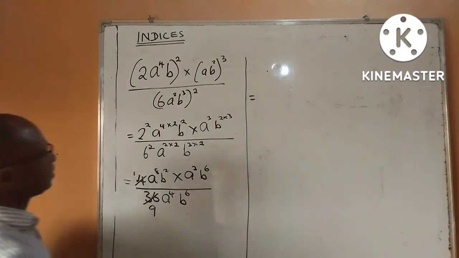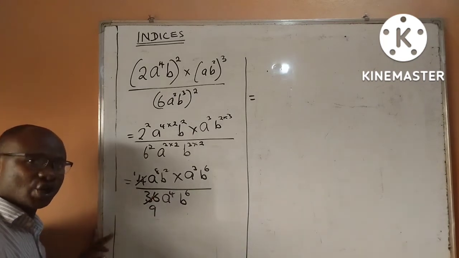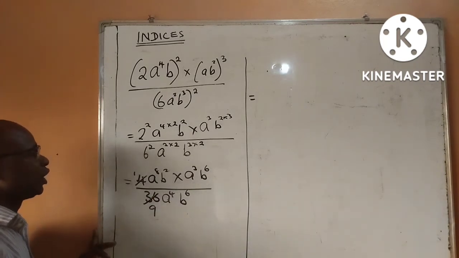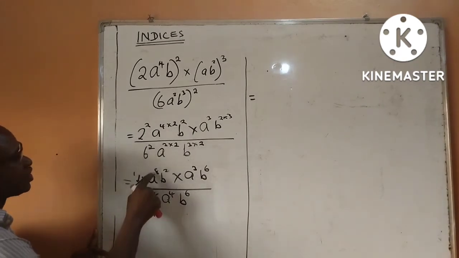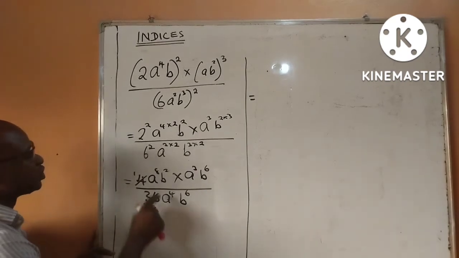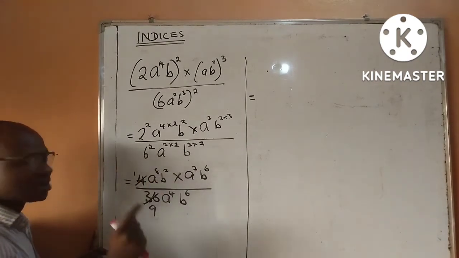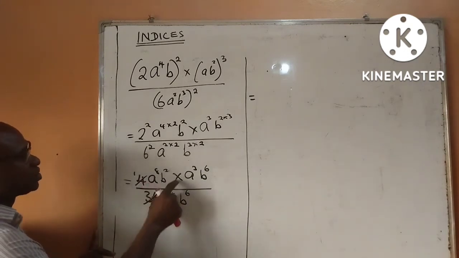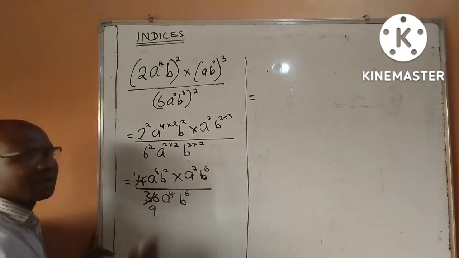From the numerator, I am also going to apply the multiplication law of indices. You can see a raised to the power 8 times a raised to the power 3. Since the bases are the same, I am going to add the powers. Same thing, b raised to the power 2 times b raised to the power 6. I will also use the same base and then add the powers.